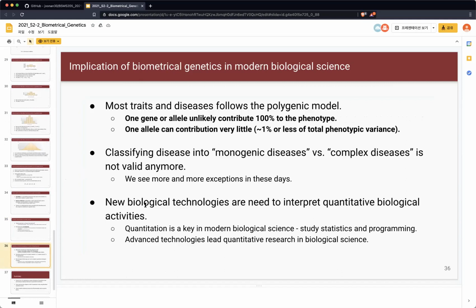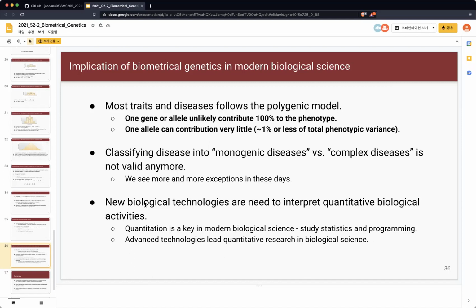That means one gene or one allele is unlikely to contribute 100% to a phenotype. That is clear. One allele can contribute very little, but how little, we don't know. It depends on the disease, on the mutation, on the alleles. Alleles are equivalent to mutations here, so I accidentally said mutation, but anyway.